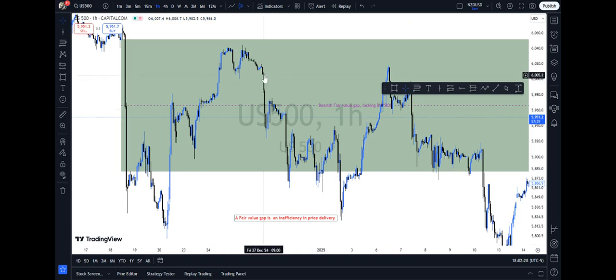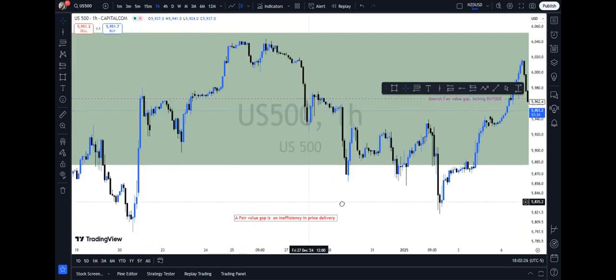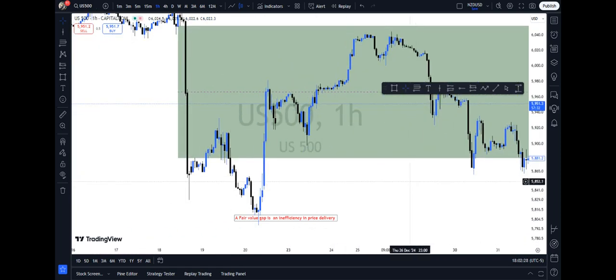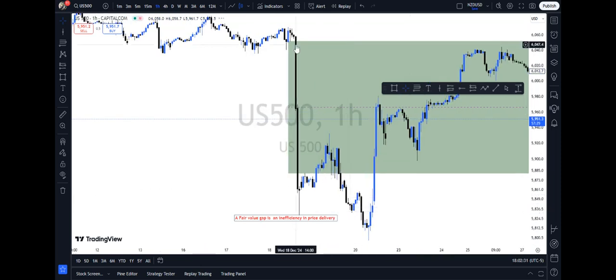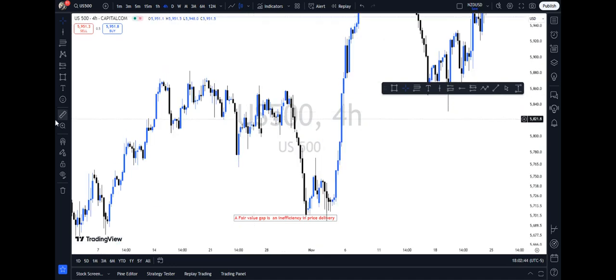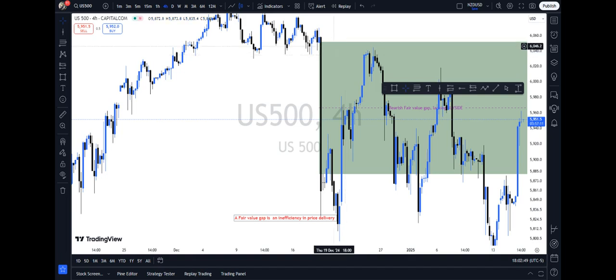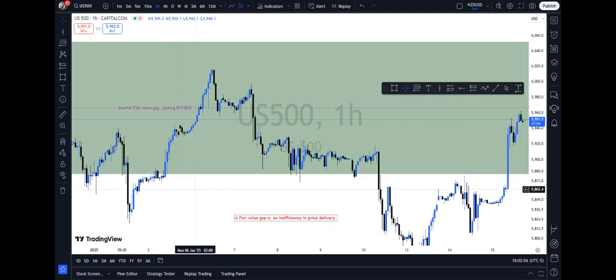This is a fair value gap. Let me expand the chart so you can see very clearly. Before I go for that one, let's talk about this one here. What appears as one big candle on a 4 hour, this very candle, on a 1 hour, how many candles are we seeing there?